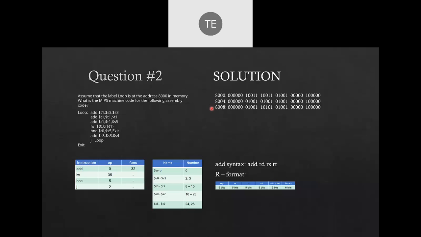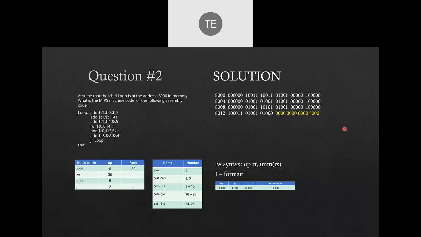The first three lines are the same because they are the same format. So I will assume that we keep going like this until the end of line 3. But the fourth line is different. Next slide, please. On the previous slide, it was an R format, right?